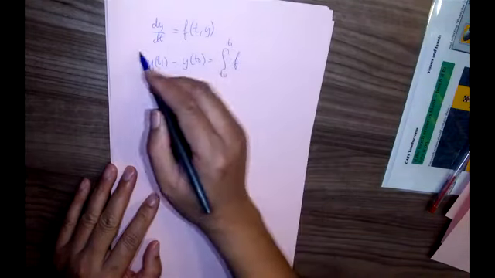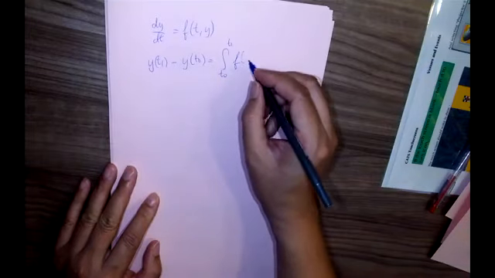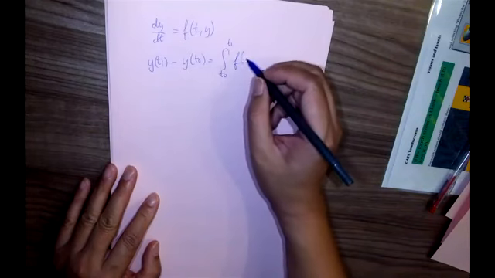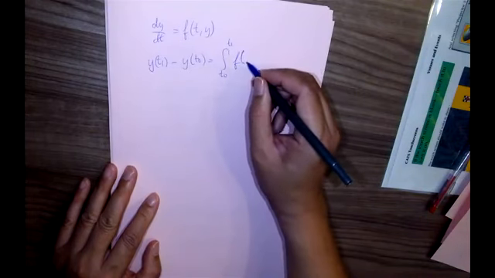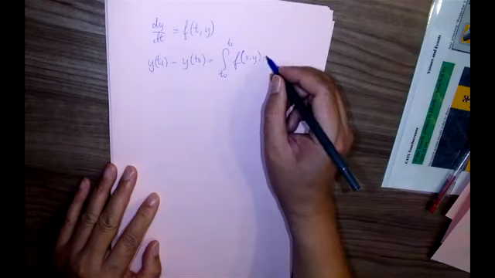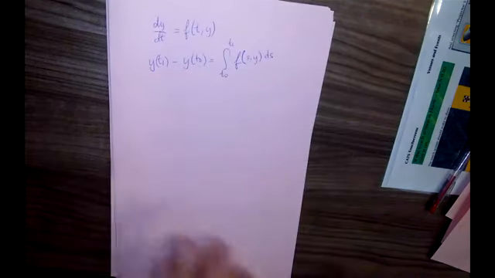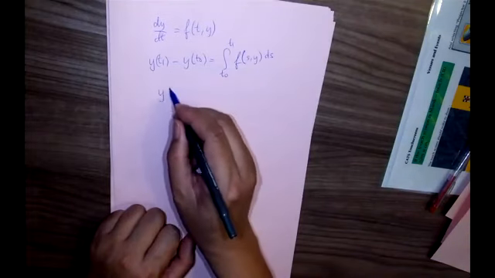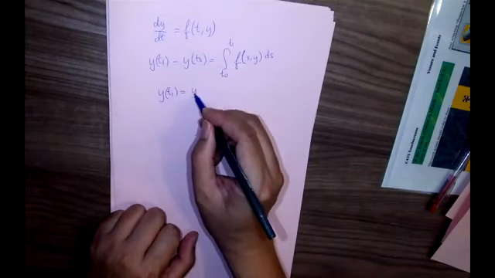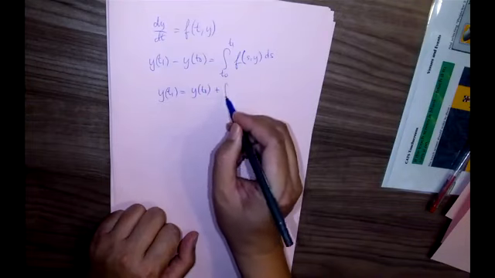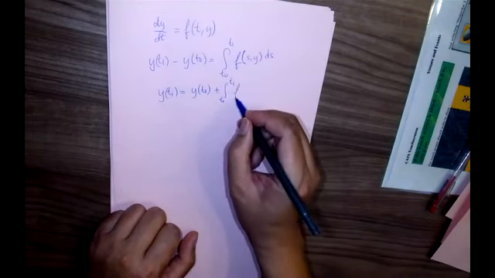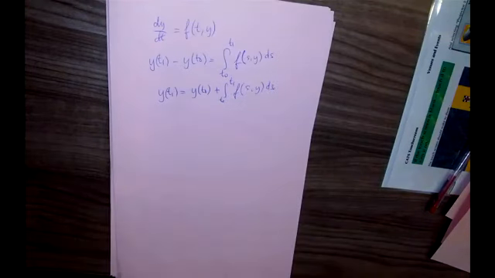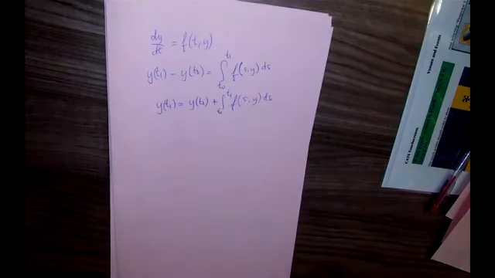I just integrate this equation, and this one is just the integral of f(s, y(s)) ds, yeah? Then I move this to the left, and I have y(t1) equal y(t0) plus the integral from t0 to t1 of f(s, y(s)) ds. Okay? So just another way to look at it.